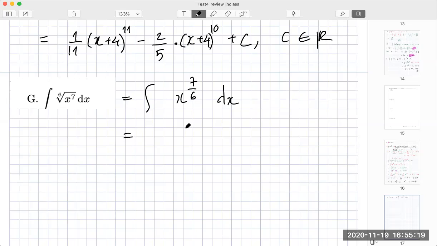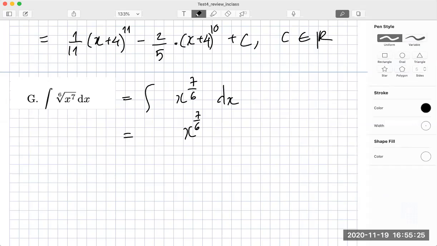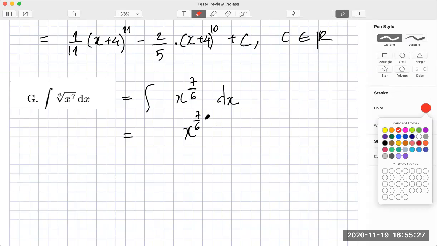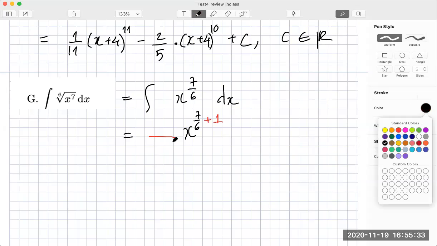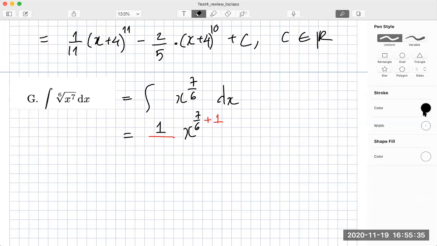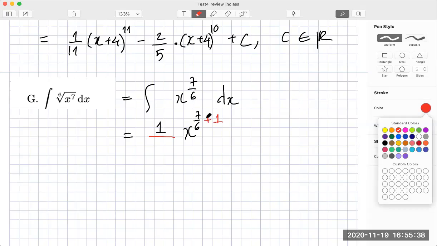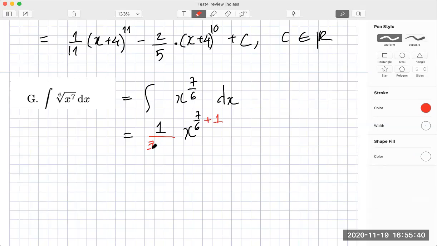We know the antiderivative of this guy: 7/6, and what should we do? Plus 1. Then we multiply by a fraction whose denominator will be exactly the same power, which is 7/6 plus 1. Okay?